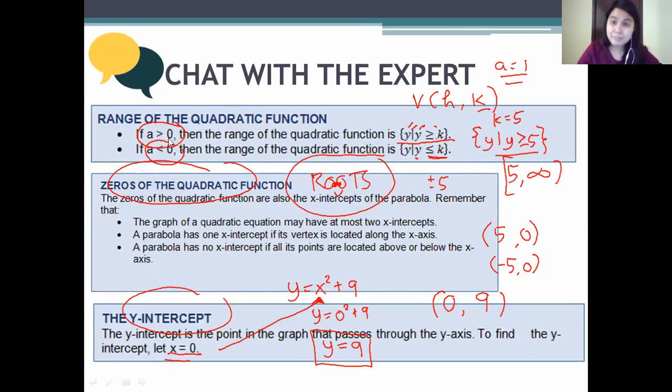Range, if a is positive, then y should be greater than or equal to k. But if a is negative, y should be less than or equal to k. The zeros are the roots. For the y-intercept, you substitute x to 0 and you solve for y.